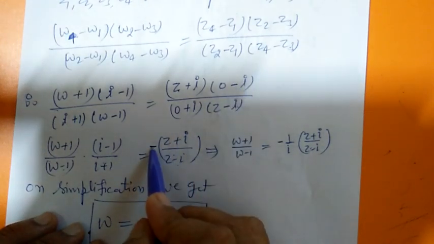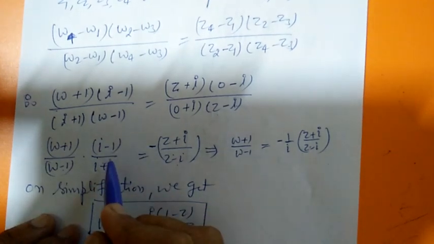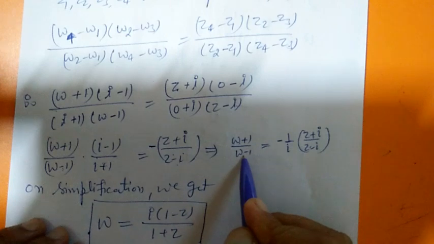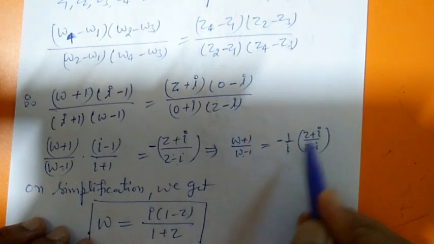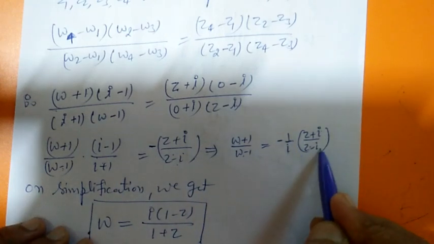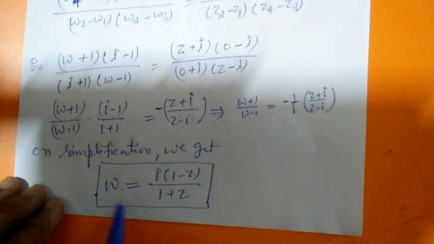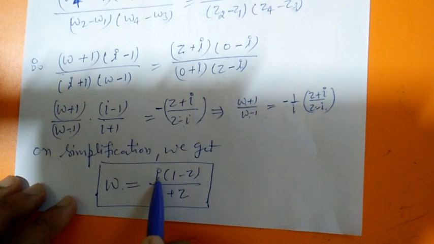So here taking the negative sign, and after simplification we obtain (w + 1) upon (w - 1) is equal to -1 upon i times (z + i) upon (z - 1). So on simplification we obtain the bilinear transformation w is equal to i(1 - z) upon (1 + z).